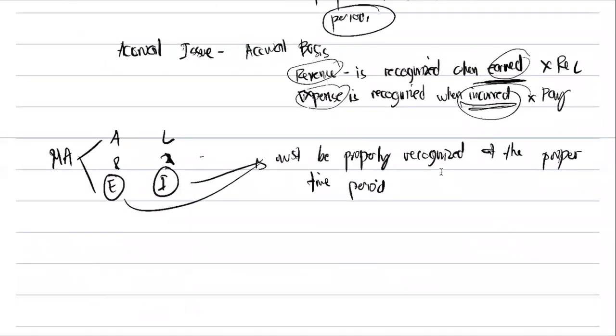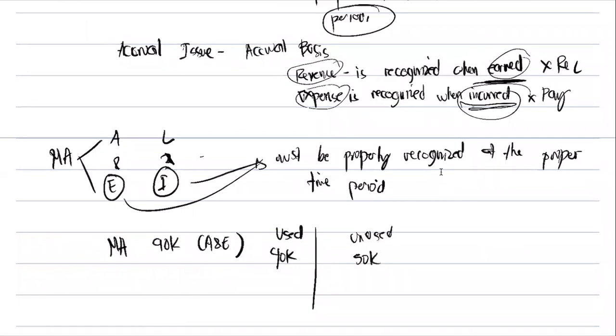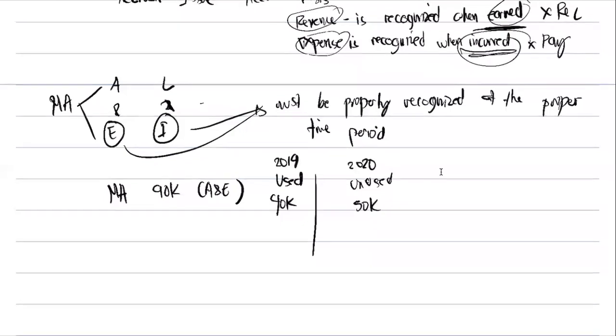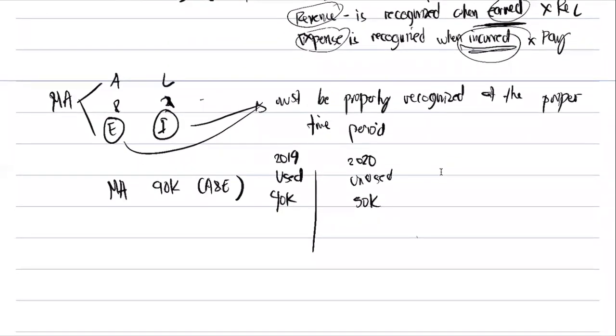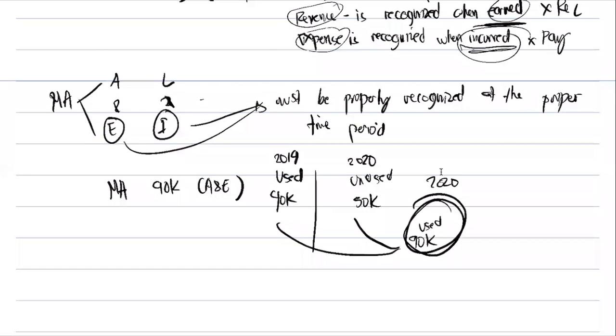So what happens if we have a mixed account? Let's say 90,000, both an asset and an expense. Let's say 40,000 was already used and 50,000 was still unused. So in 2019, 40,000 was used, and in 2020, 50,000 was used. If you do not split the mixed account, the 90,000 will only be recorded as used in 2020, so it was not properly recognized in the appropriate time period.